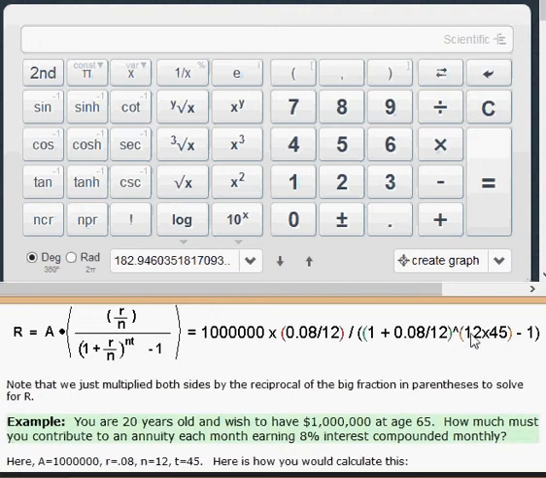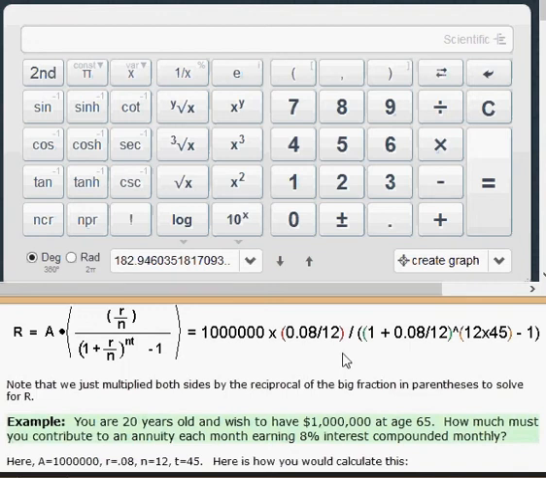I have orange parentheses around the 12 times 45. And the other two parentheses are black, and those go around the entire denominator. Now when you do this, you end up getting correctly matched parentheses. It's a nice trick to try, especially when you're having problems calculating these type of problems.